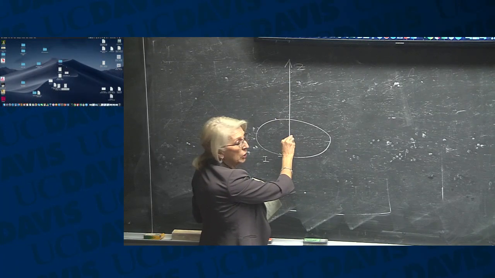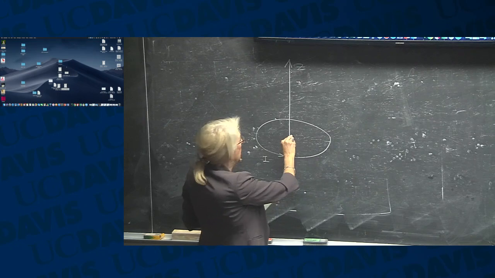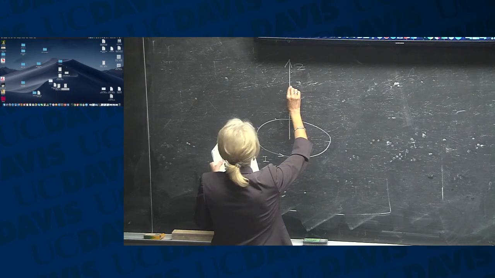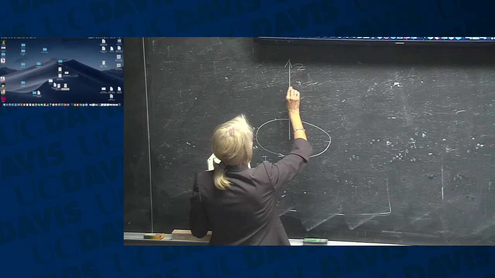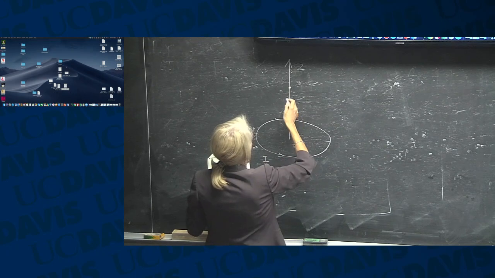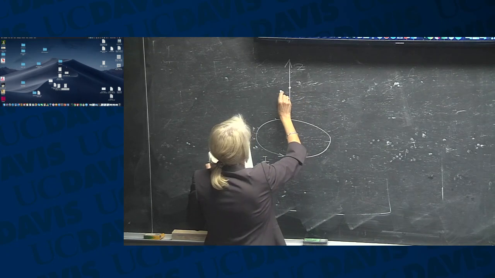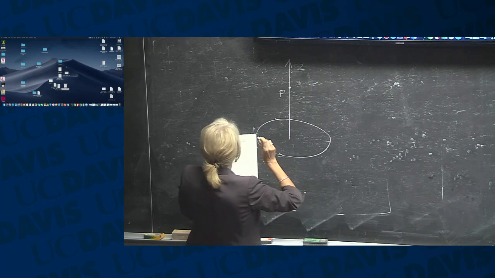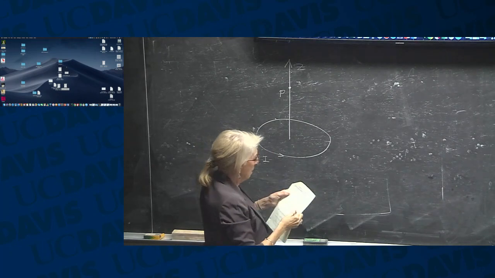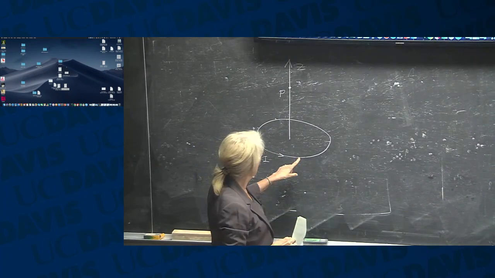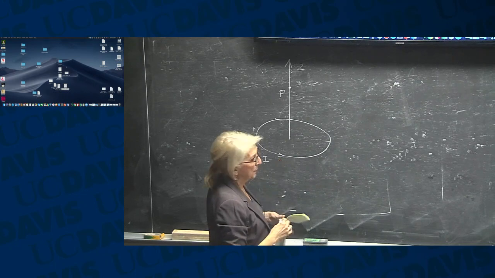On the Z-axis, not just anywhere else, but on this one. So we are looking at this point P, and we would like to find the magnetic field there that is introduced by this wire.